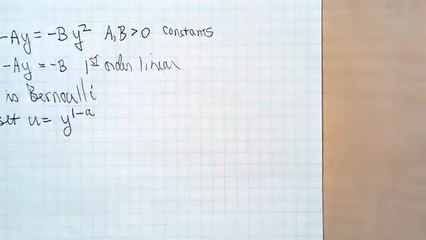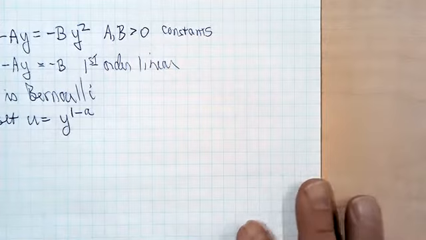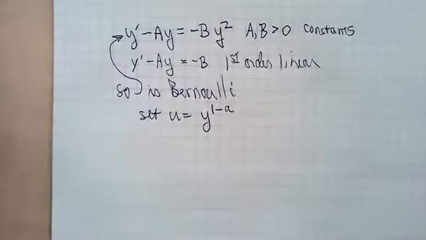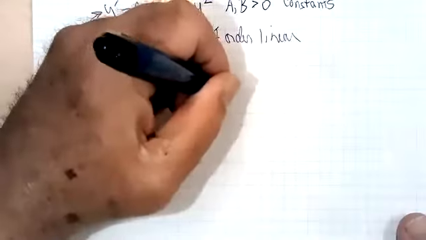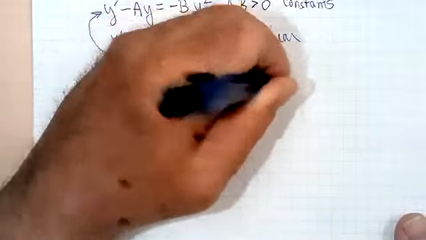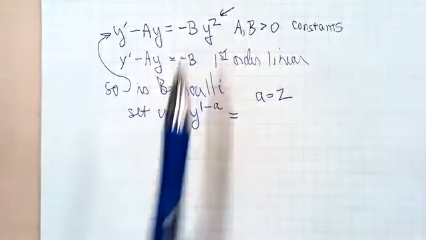Well, what does that mean? Now I'm going to try to show you what that means. In this case, we can see that a equals 2, where we have y to the second power here.